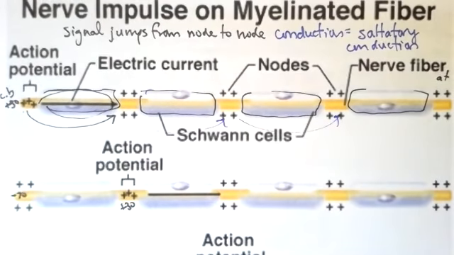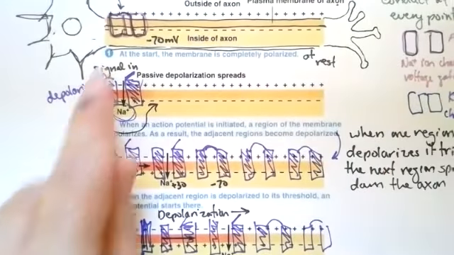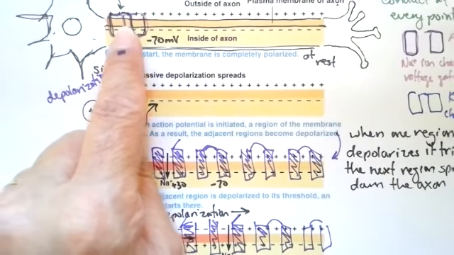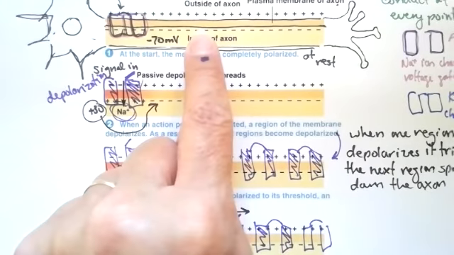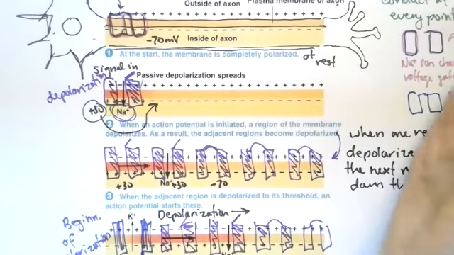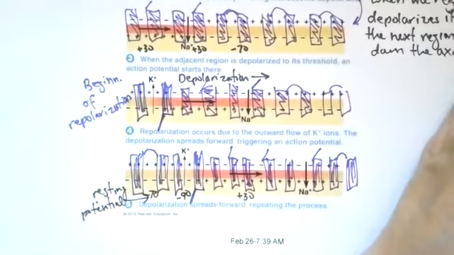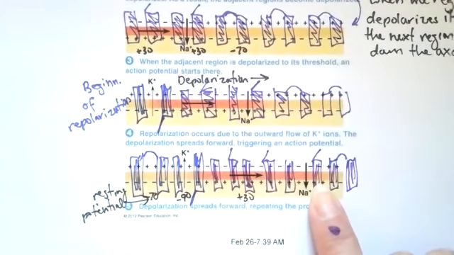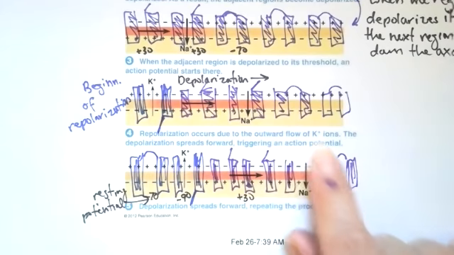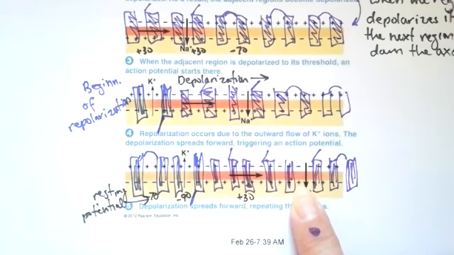All right, so what are our takeaways? When we're conducting down the whole length of an axon, depolarization starts at one point and it triggers depolarization in the next region, and the next region, until we come down to the last one. So we have this front edge of depolarization where this membrane protein is open and triggers this one to open until we get to the end of the neuron.